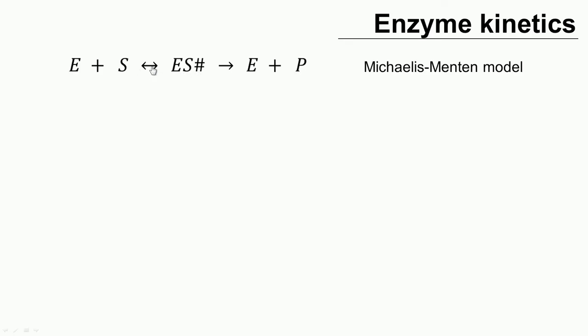This is a reversible reaction here, there is a forward reaction, there is a backward reaction, there is an equilibrium at certain time, and enzyme plus substrate gives you the enzyme substrate complex. And this irreversibly goes to give the enzyme molecule back and the product from the substrate. This model is called the Michaelis-Menten model, and it is the simplest model in terms of enzyme kinetics.